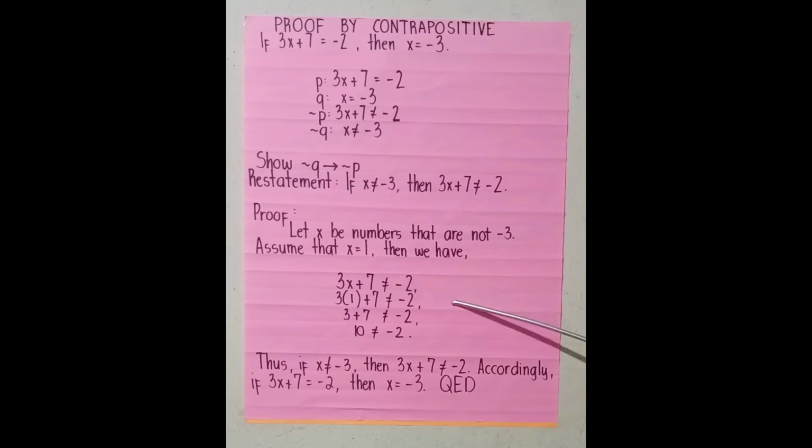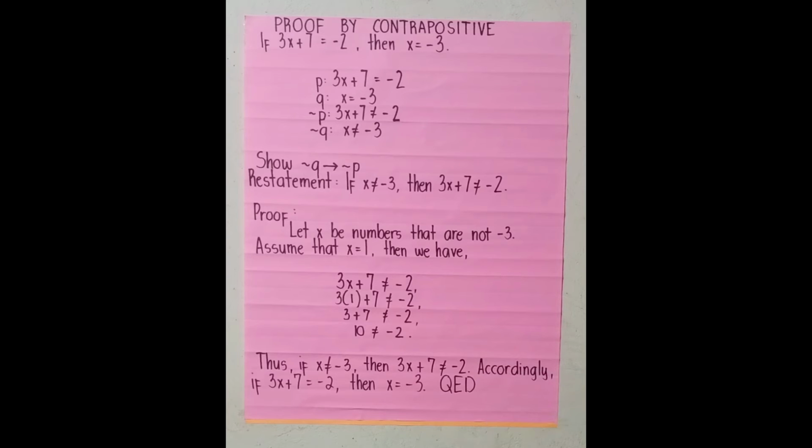Then we will substitute 1 to the x, so it will become 3 times 1 plus 7 is not equal to -2. 3 times 1 is 3, so 3 + 7 is not equal to -2. And 3 + 7 is 10, so 10 is not equal to -2, which is true, since 10 is not equal to -2.